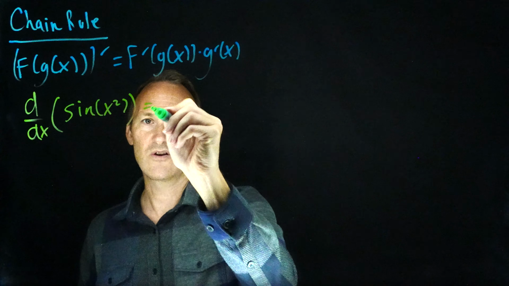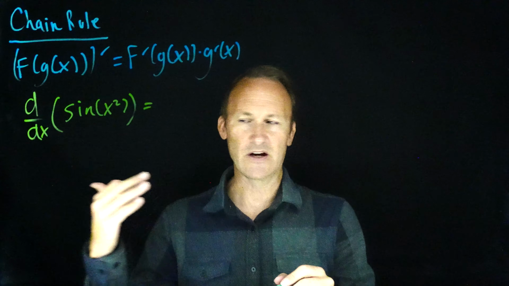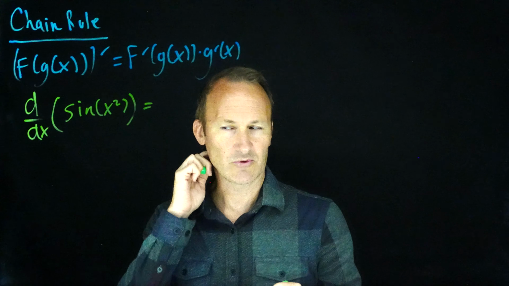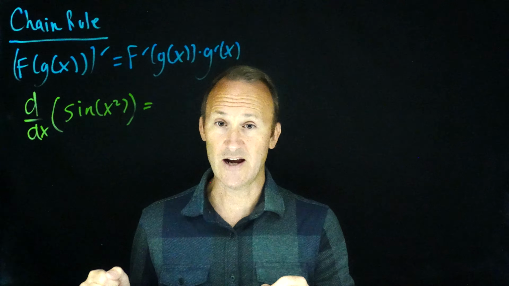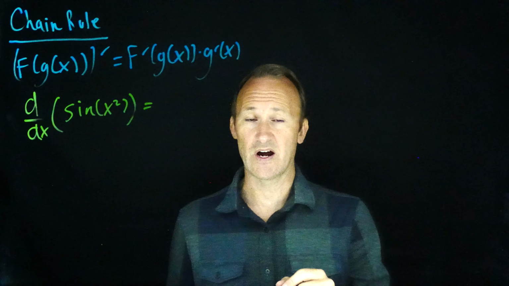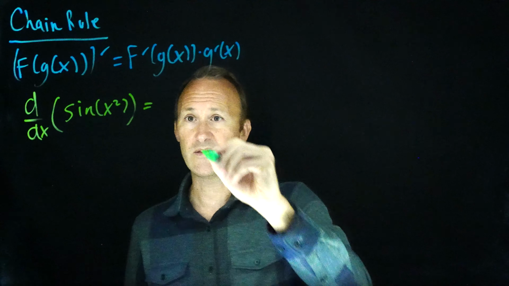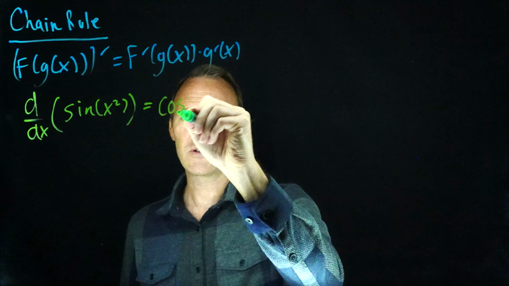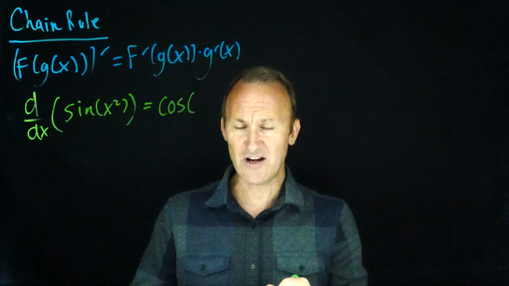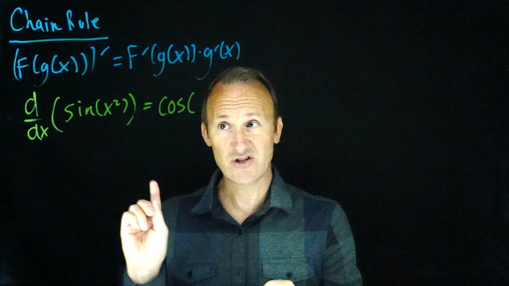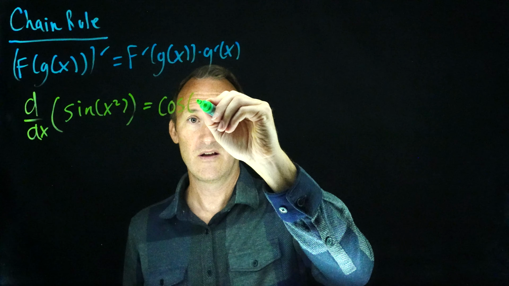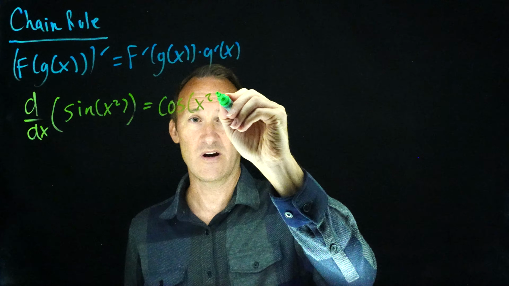So what's the derivative of the sine of x squared? Well, we know that the derivative of the sine of x is in fact the cosine of x. So we need that. Cosine of what? It's cosine of whatever's inside. Now it's not just x here, it's x squared. So it's cosine of x squared.